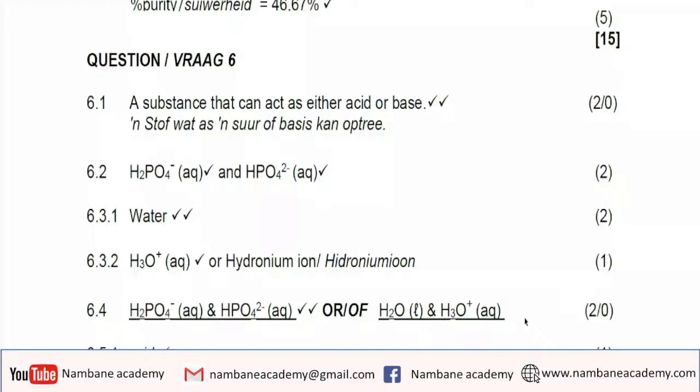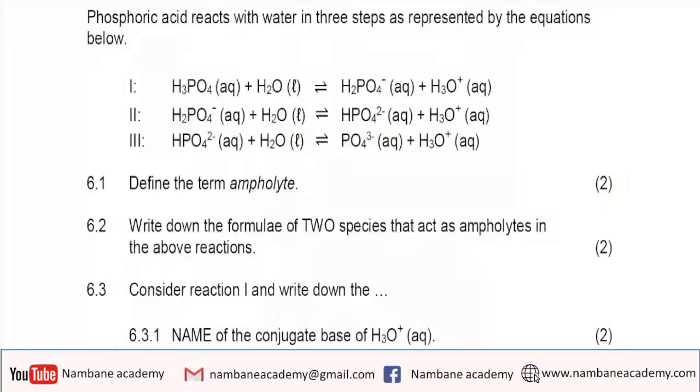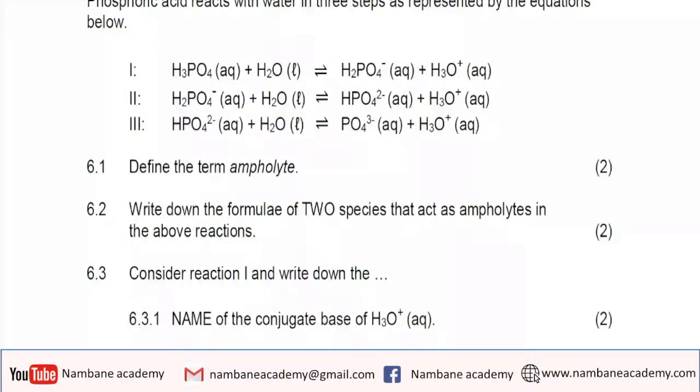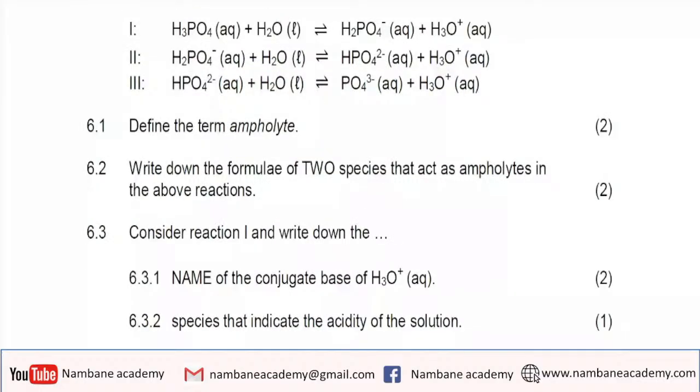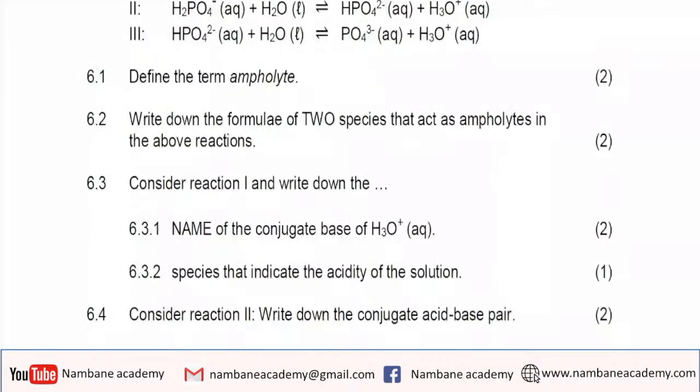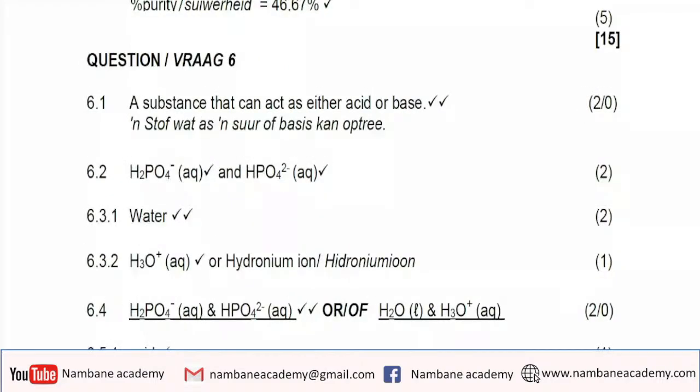2 marks or nothing. 6.2 says write down the formulae of 2 species that act as an ampholyte in the above reactions. From the above reactions, what can be determined is that H2PO4⁻ can act as a base and can act as an acid.